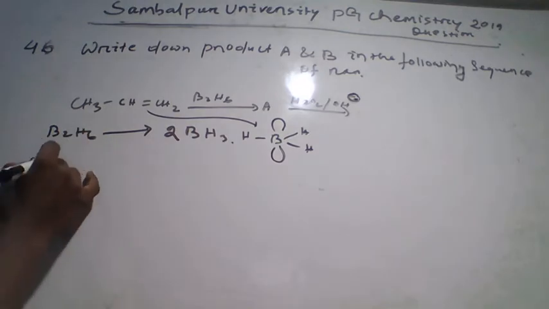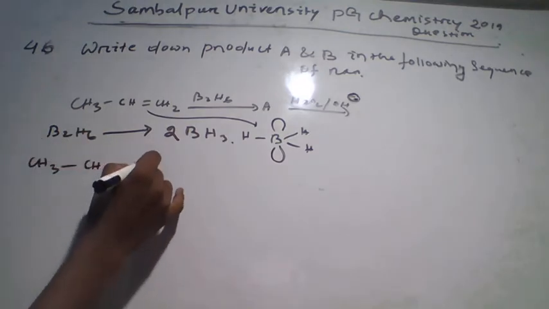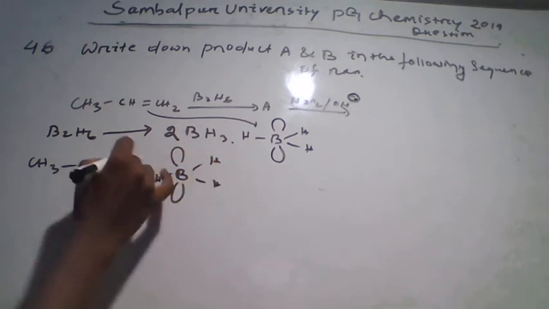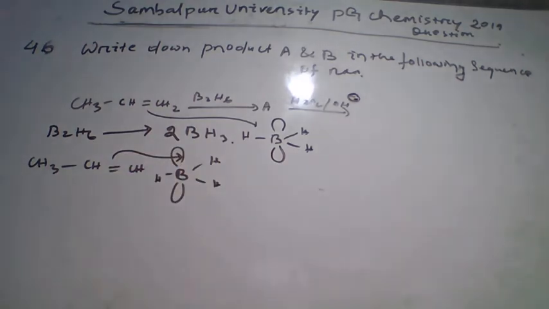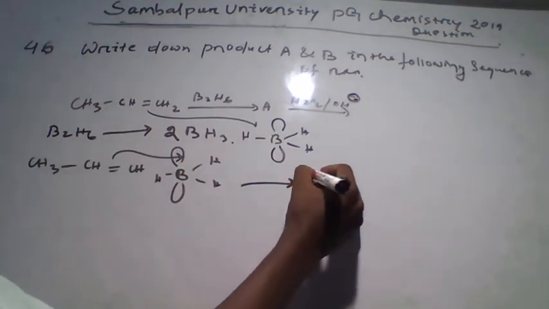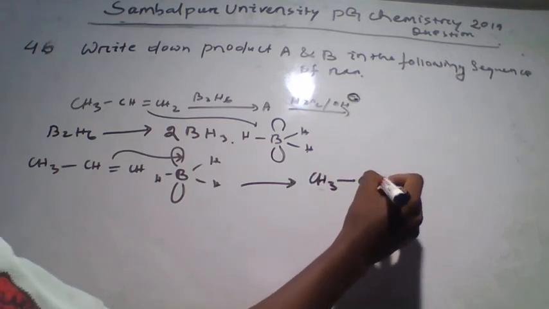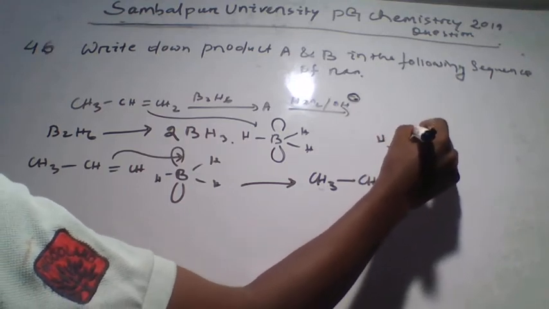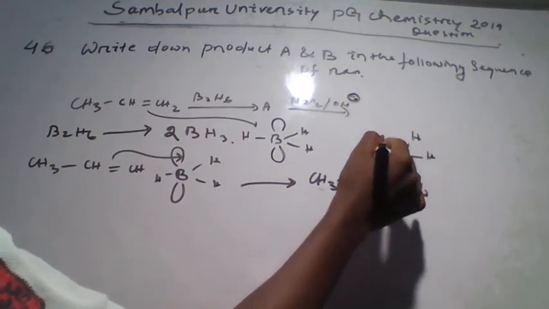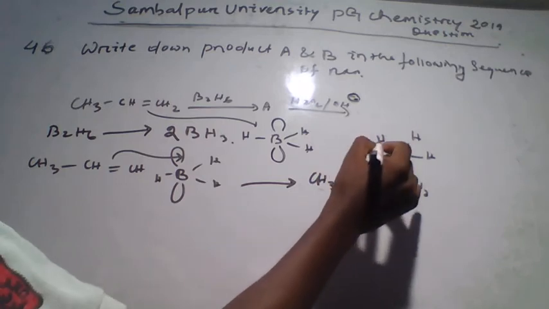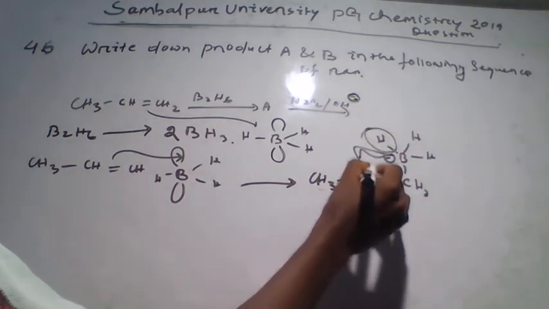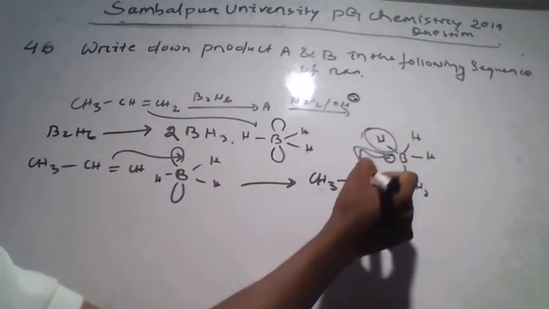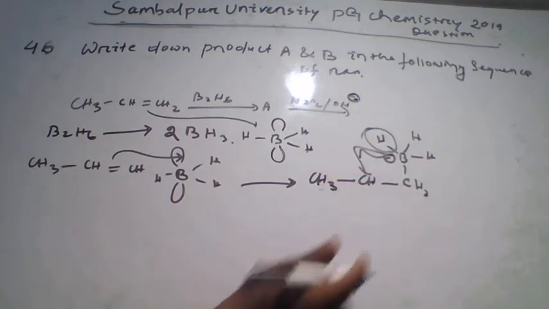See here, this bond goes like this, and this is your BH2, and boron has a negative charge, and the carbon has a positive charge, and hydride transfer takes place. It is a concerted process. At a time, it can transfer its hydride to this carbon atom. So it is a concerted process.